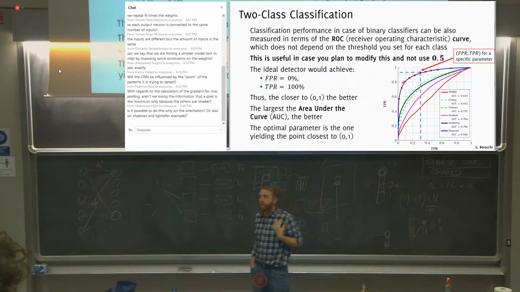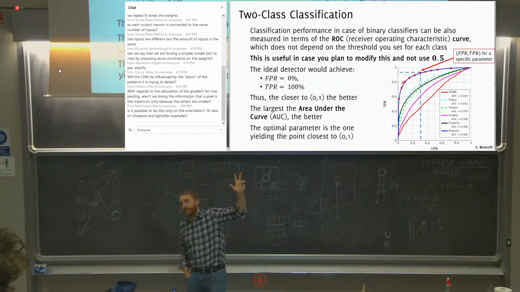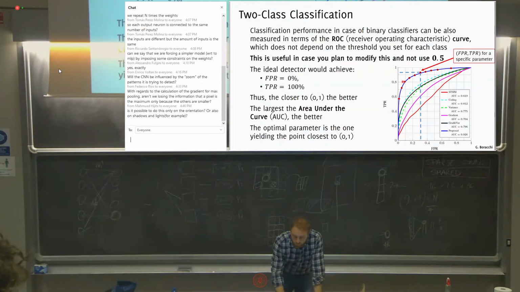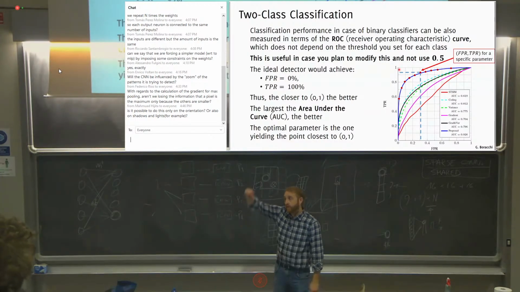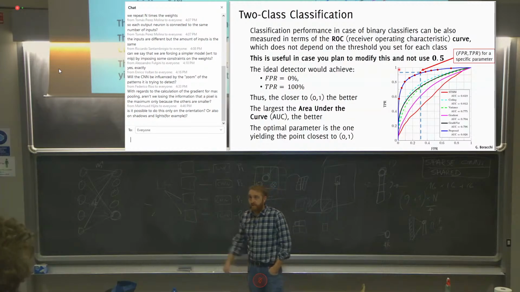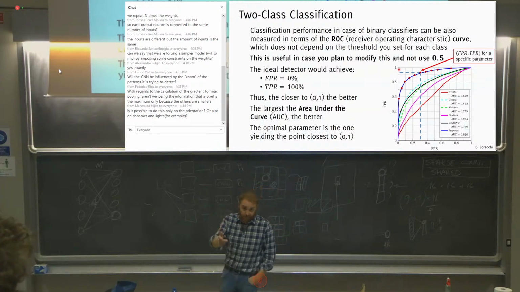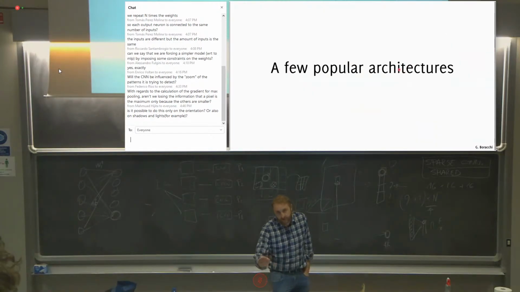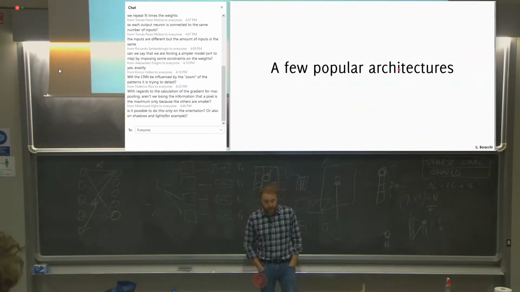Of course, what you would like to have, the dream, is for the whole area to be one, to have a square completely covered by your curve, because this means that you have 0 false positives and 100% true positives. But again, don't uninstall Python if this is not the case.